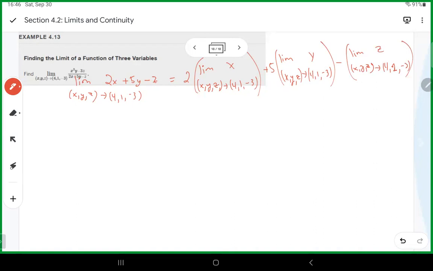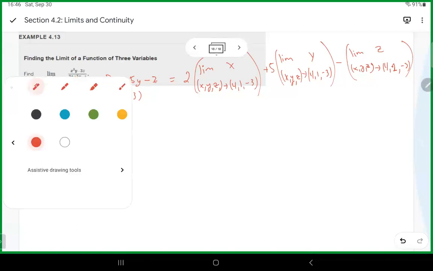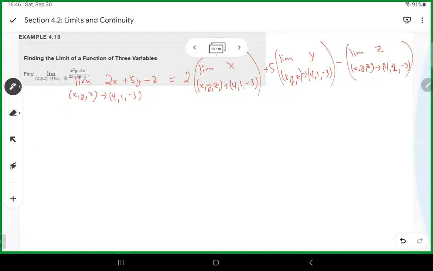Okay. So we know, remember that if you have the limit of x, the limit of y, and the limit of z, it'll be those constants related to the other point. So we can just very quickly do this now as 2 times 4 minus 5 times 1 minus 1 times a negative 3.